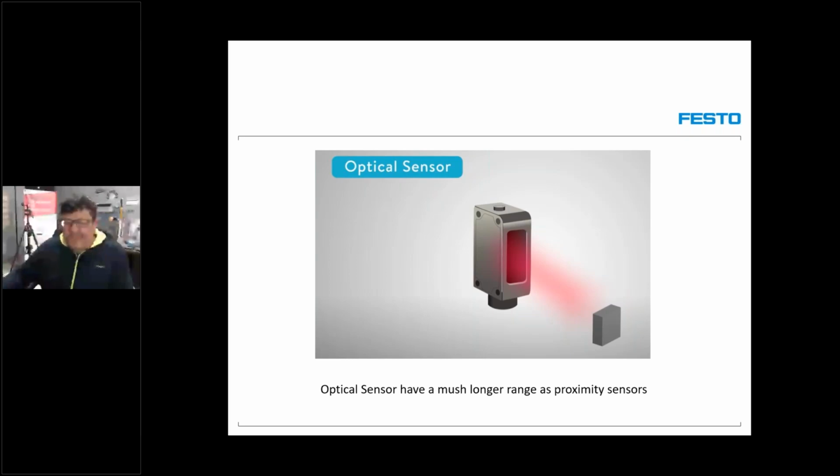In cases where there are big objects, for example a box on a conveyor, as the box is put onto the conveyor belt and they want to sense it, the optical sensor will sense that there is a box or an object in the field. It can be small or it can be large. That means an optical sensor can also sense parts from a distance.